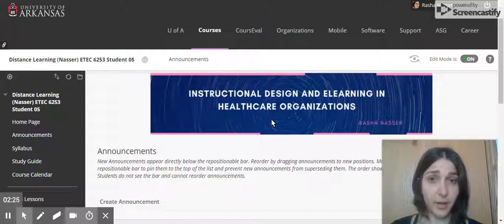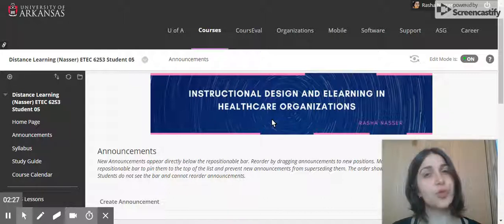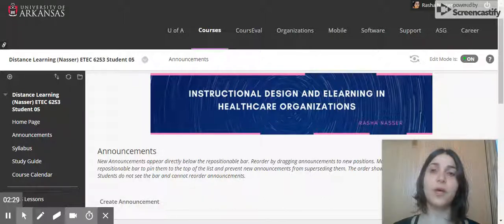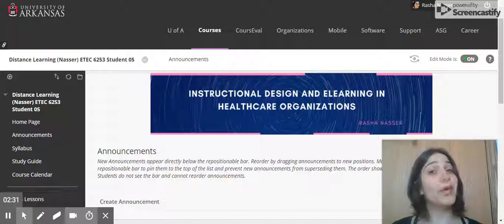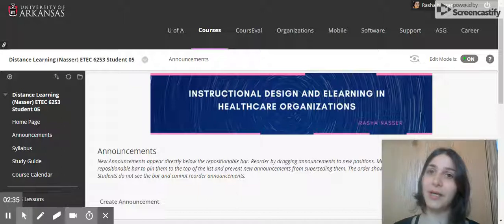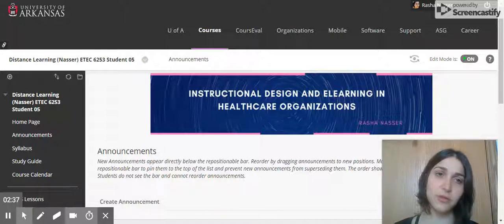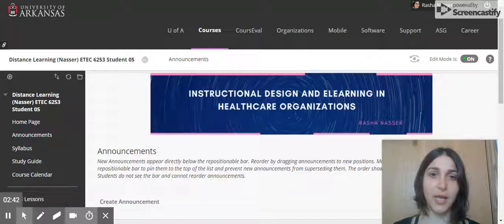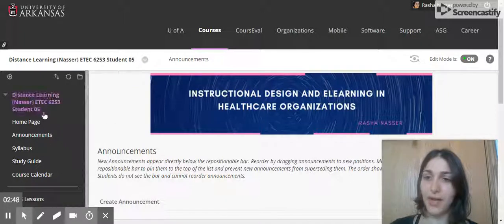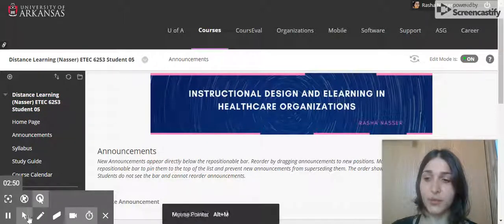Now, the target audience would be either instructional designers or people who want to go into becoming instructional designers, who already have their bachelor's or are working on their bachelor's for higher education and anything that has to do with education per se.